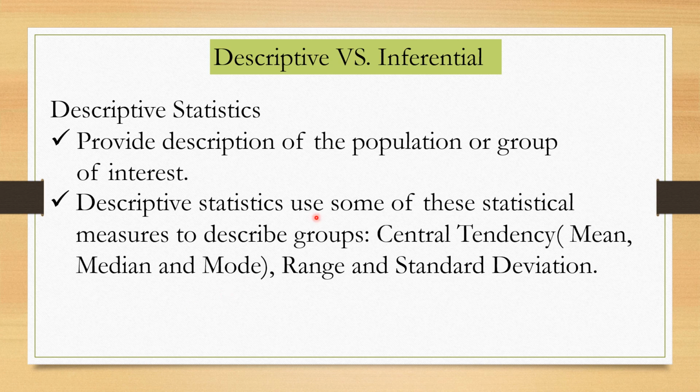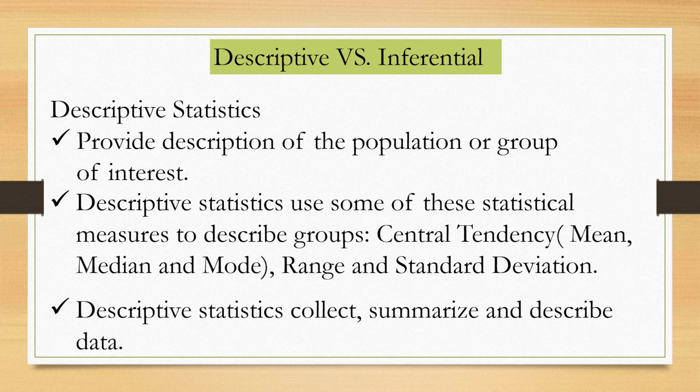Descriptive statistics use some statistical measures to describe the groups. Central tendency, that's finding the mean, the median, and the mode. Or measures of variation, we have the range and standard deviation. Descriptive statistics collect, summarize, and describe data.